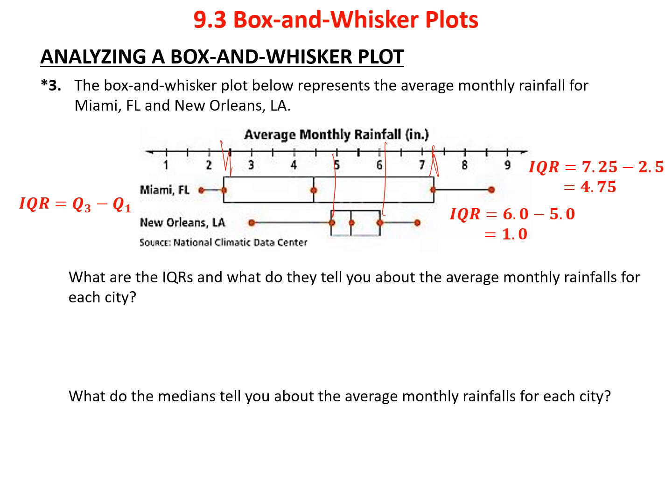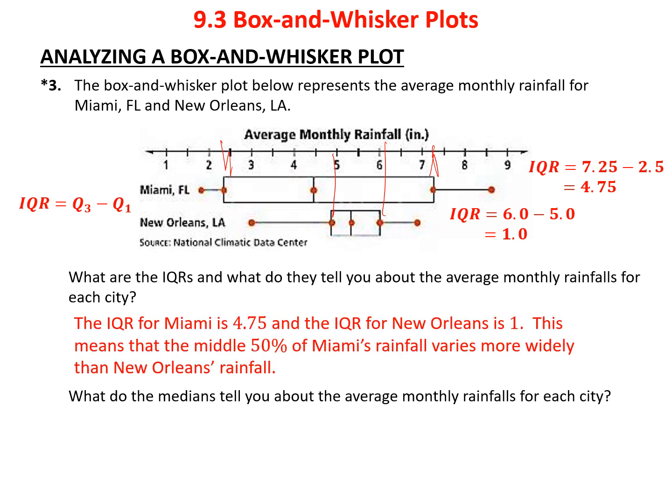Now, if you think about that, what's that telling you? It's telling you that in New Orleans, 50% of the times it rains between 5 and 6 inches. Whereas 50% of the data in Miami is spread out between 2.5 inches and 7.25. There's just a greater spread on how much rain you get in any particular day.